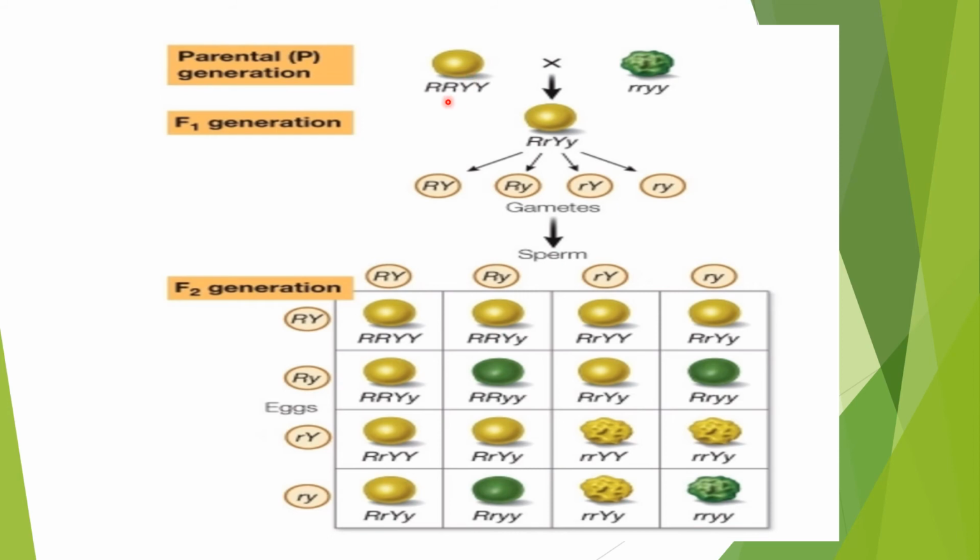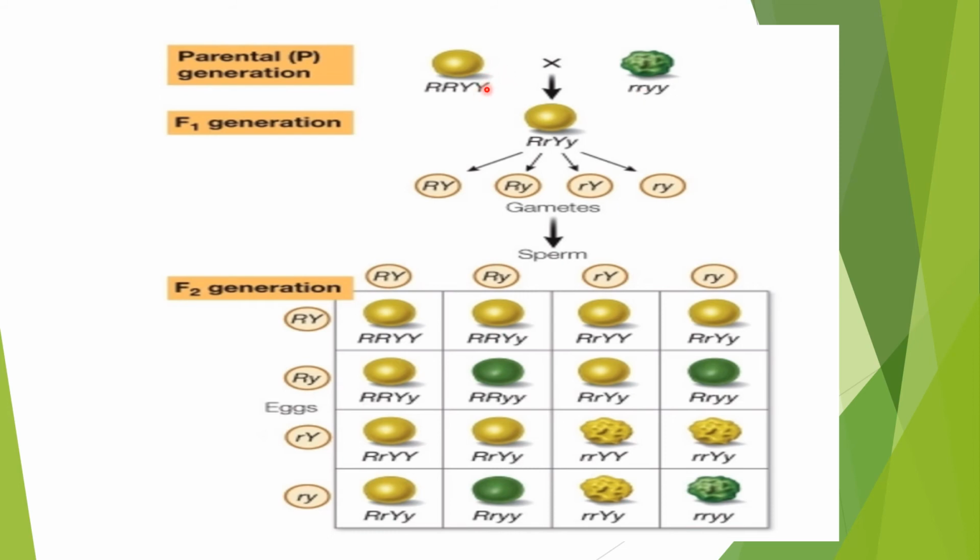So what are the corresponding recessive traits? If capital R is determining roundness of the seed, then small r is determining the wrinkledness of the seed. So, round is the dominant trait, wrinkled is the recessive trait as far as the shape of the seed is concerned.